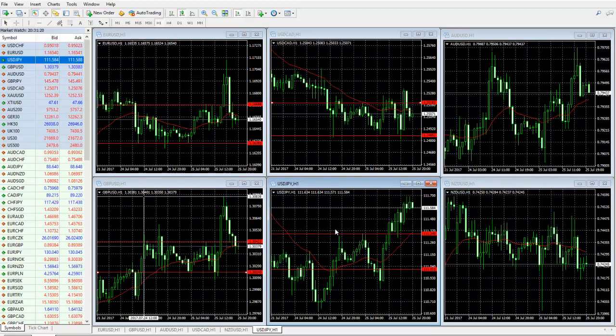So let's see where dollar yen is. This is 10 o'clock, so basically this is where London opened, and dollar yen you can see reversed after London opened. So this is the lowest point it went, and the yen is actually pretty weak against the dollar today.